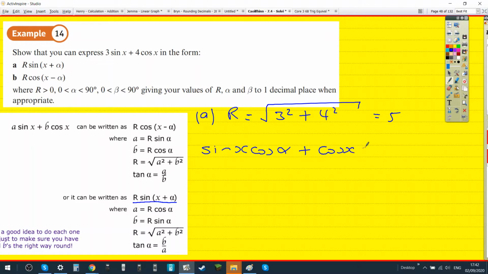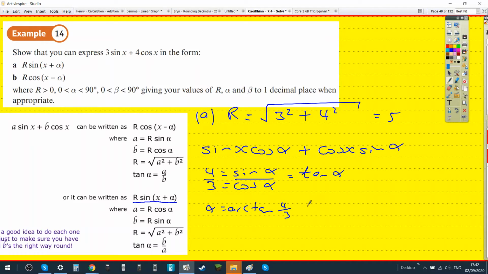So then we know that 3 is equal to cos alpha, and 4 is equal to sine alpha. If we divide, we get 4 over 3 equals tan alpha. So alpha is equal to tan to the minus 1 of 4 over 3, which is 53.13. I'd say 53.1.